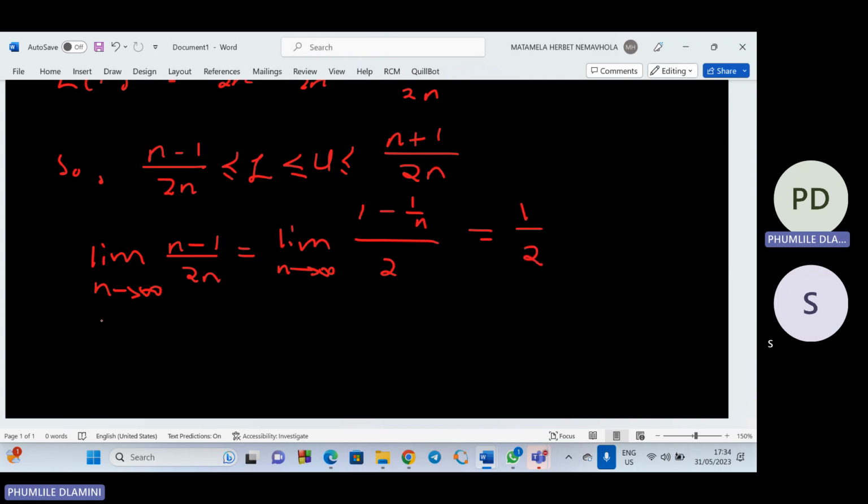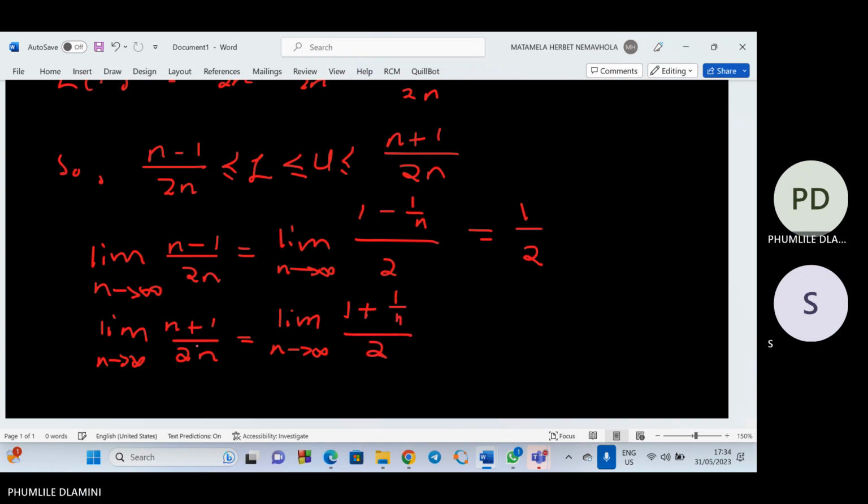Then we also do the limit when n approaches infinity of n plus 1 over 2n. We divide n by n to get 1 plus 1 over n, divide by 2, we divide 2n by n. Then if we substitute here, it is going to be 1 plus 0, which is 1 over 2.